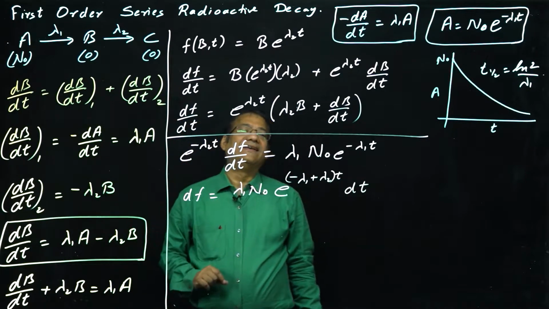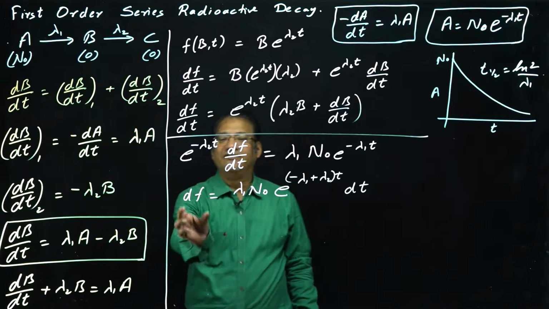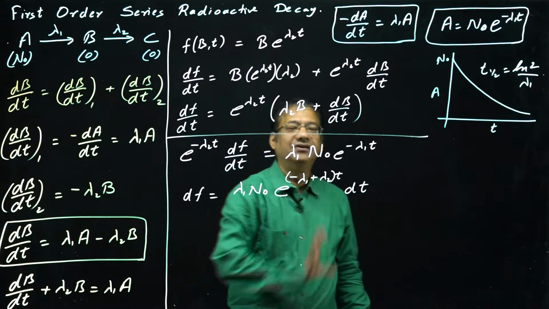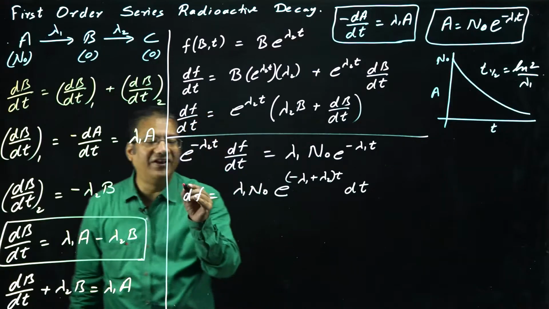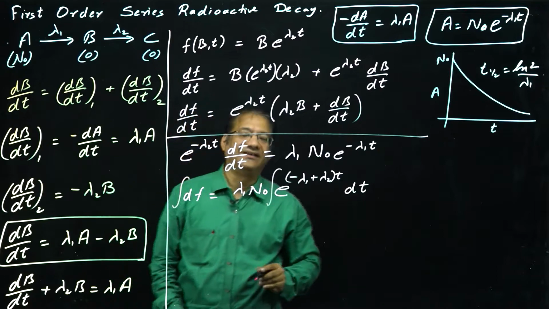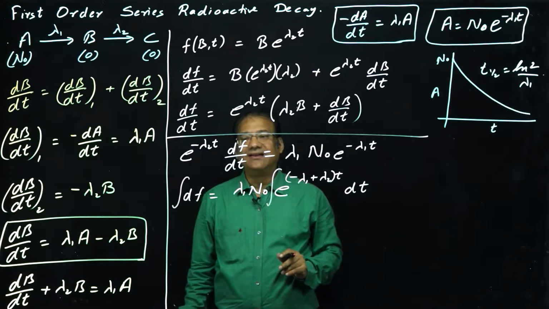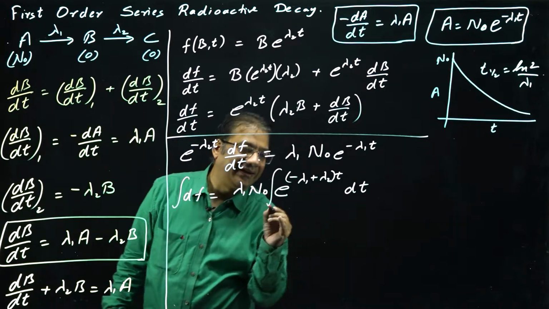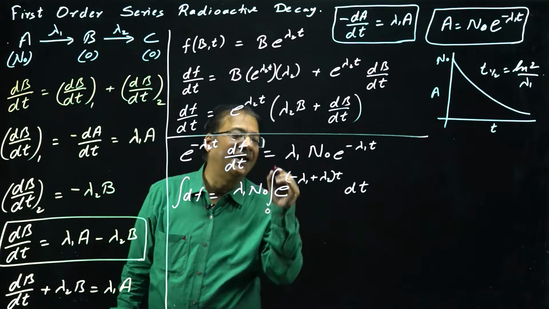One can always integrate this differential equation. Here we have got df and here we have got a function of time. I can always integrate this function. λ1 N0 is a constant. And while integrating, the limits must be at 0 time and at any time t.